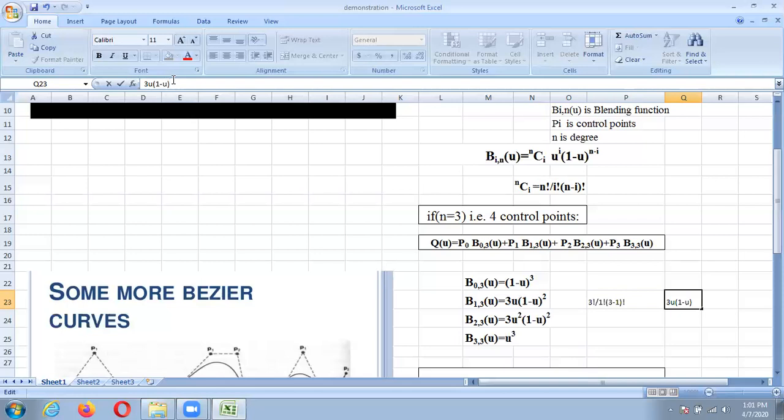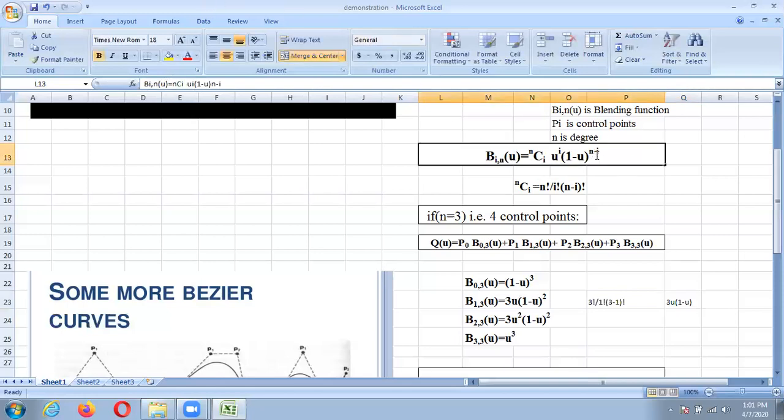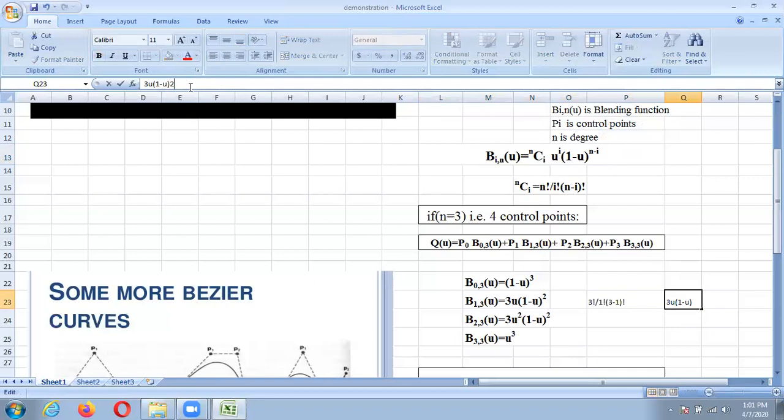And the rest is n minus i, so 3 minus 1, that is 2. So we get 3u into (1 minus u) raised to the power 2.